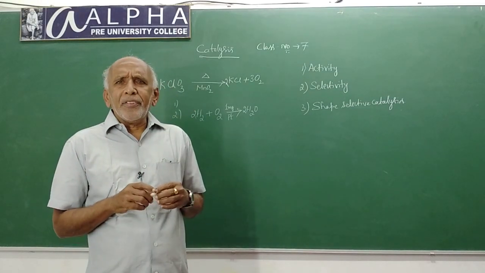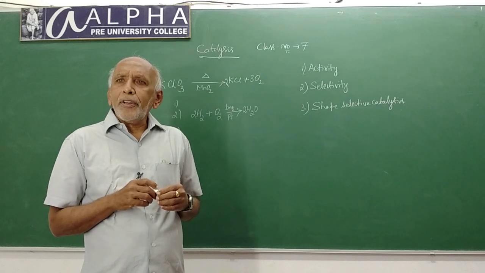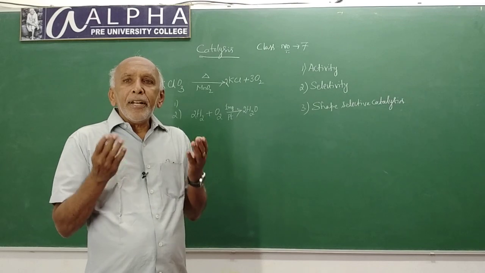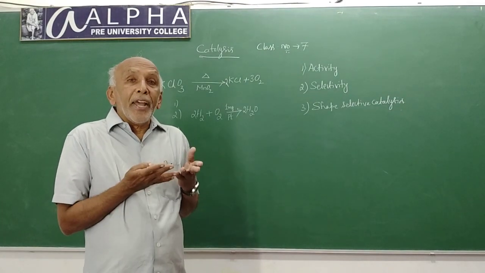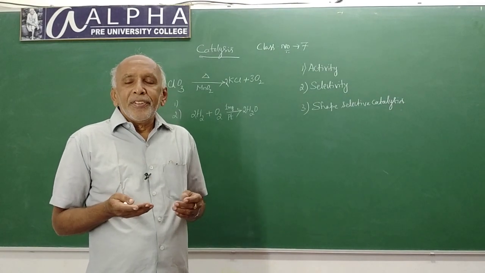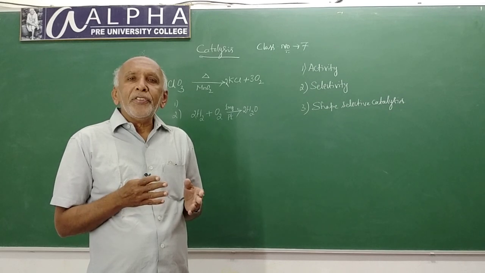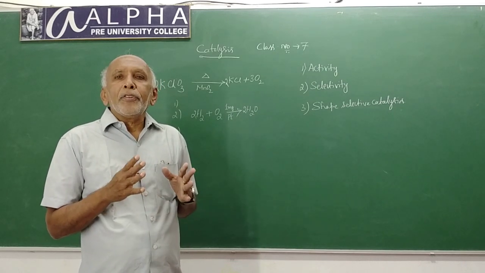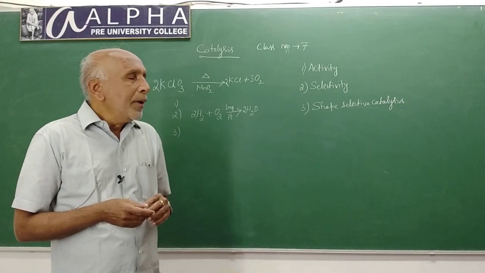Generally, catalysts do not start the reaction, but they accelerate the reactions which are very slow. Normally, catalysts are used to alter the reactions which are normally slow in rate.